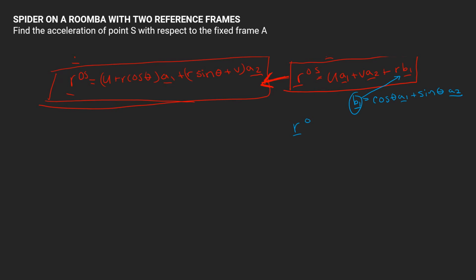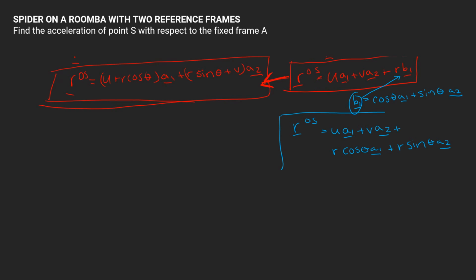And ultimately we'll get ROS is equal to U A1 plus V A2 plus R cosine of theta A1 plus R sine of theta A2.